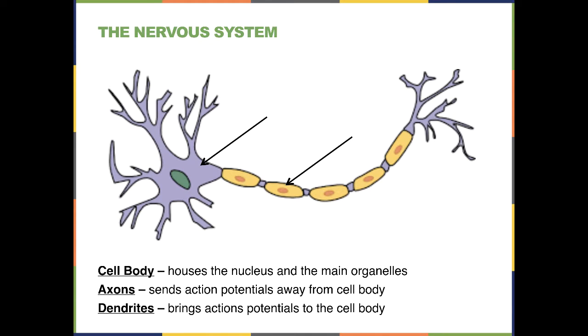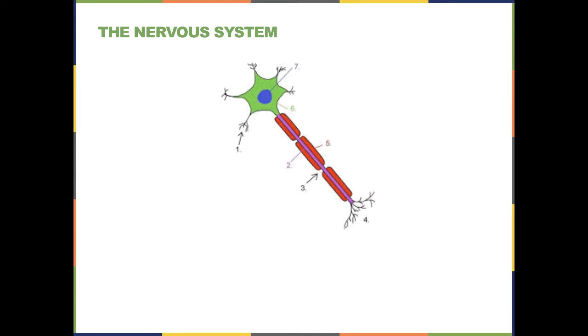The dendrites, on the other hand, bring action potentials to the cell body. And this is just one of many dendrites on this cell. This picture is a picture of one nerve cell. Let's use another picture of another nerve cell to talk about some more parts of the nerve cells.